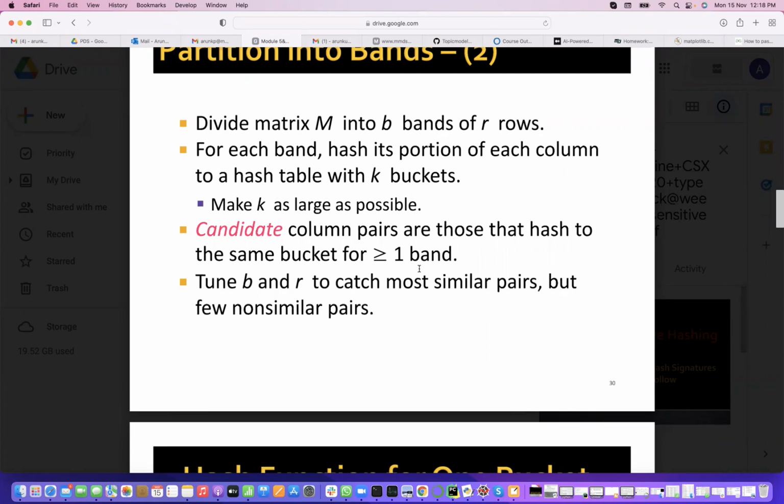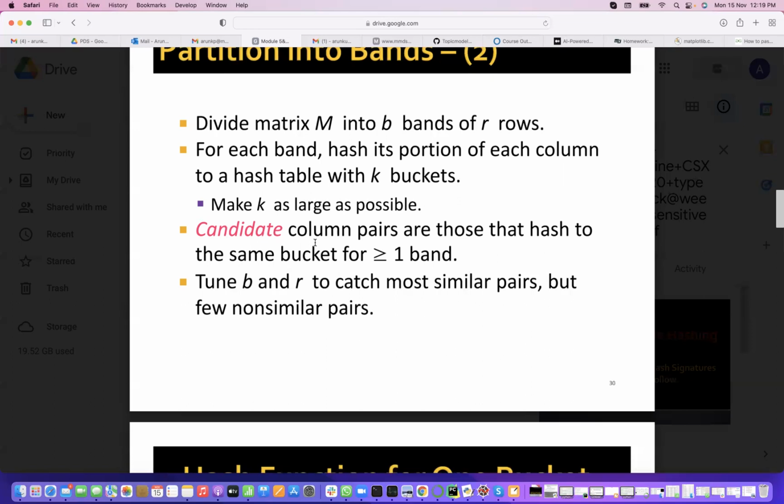So what we did: divide matrix M into B bands of R rows. For each band, hash its portion of each column to a hash table with K buckets, K as large as possible. Then we are saying that even if they agree on one band, they will go to one hash map, into the same bucket, right?